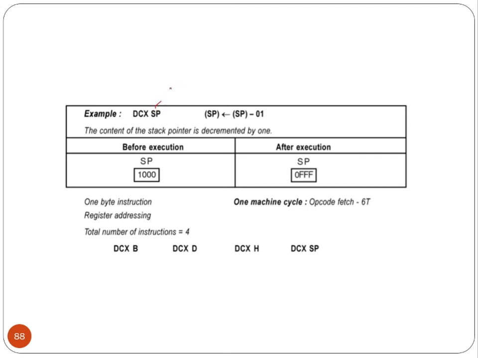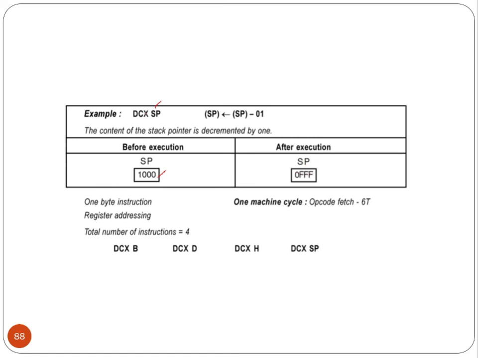DCX SP. SP stands for stack pointer. Whenever this instruction is executed, the stack pointer content, that is 1000, is decremented by 1. So just before 1000 the data is 0FFF. So after execution of this instruction, the content of the stack pointer becomes 0FFF.